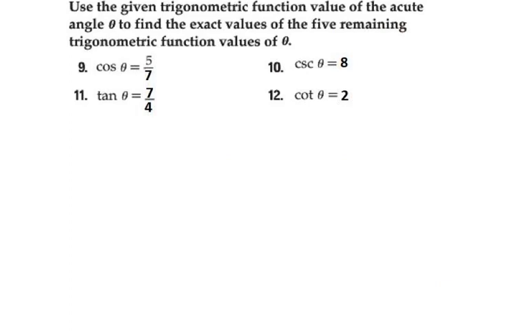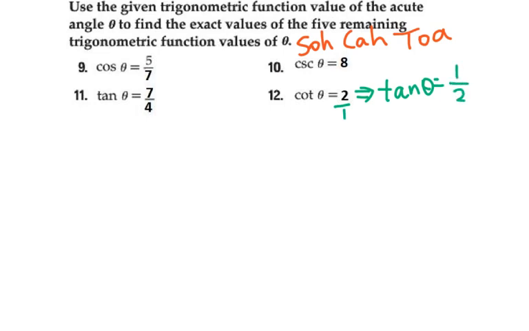Okay, let's go to 12. Still, we need the information, so I can tell. Okay, for number 12, you got cotangent theta. That's a minor one. So we can get the major one first. That's tangent theta equals, cotangent is 2 over 1, so it's 1 over 2.